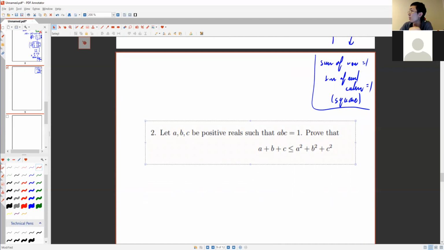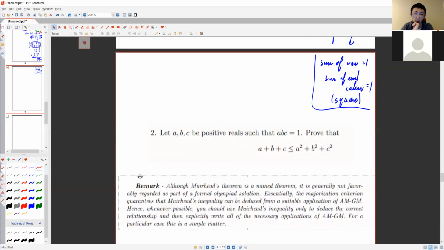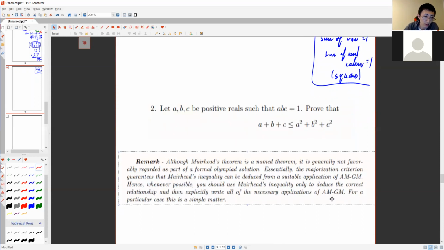But as it says in Thomas Mildorf's handout, who I guess was pretty good at inequalities, it's a named theorem, but if you want to write an Olympiad solution, you should check if Muirhead's criterion works, and find the weighted AM-GM and show that in your solution instead. How simple this is is questionable, but it's doable.